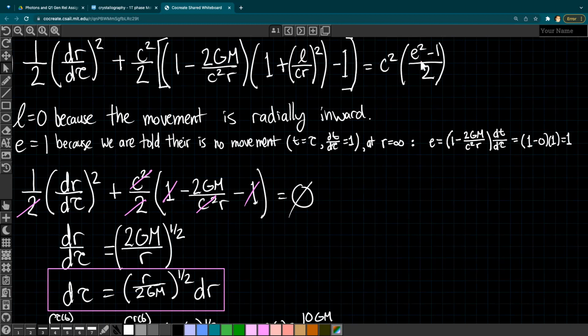And that means here we have e squared minus 1. That's going to equal 0. 1 minus 1 is 0. So the right side is 0. We have L squared over c r squared, that's also 0. So we end up with this equation here.